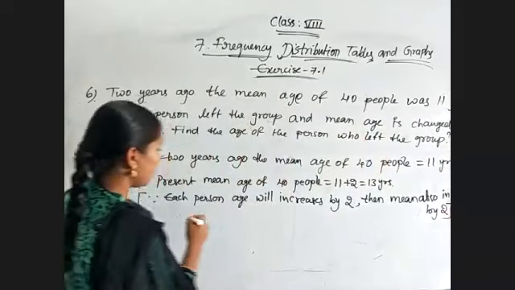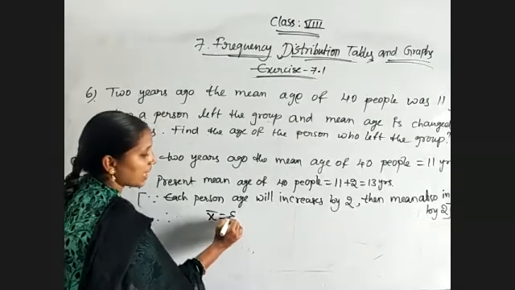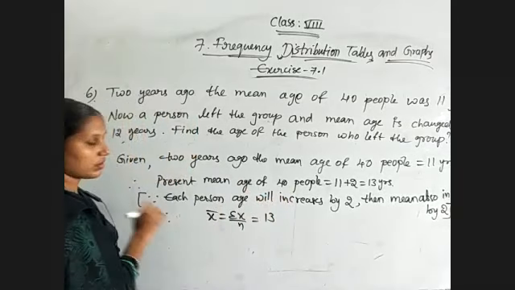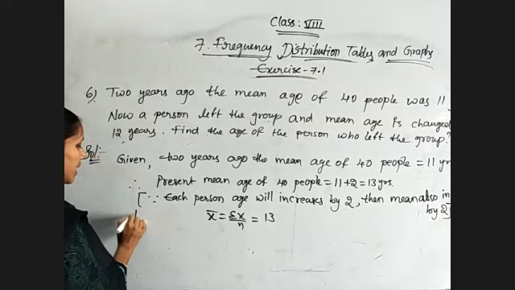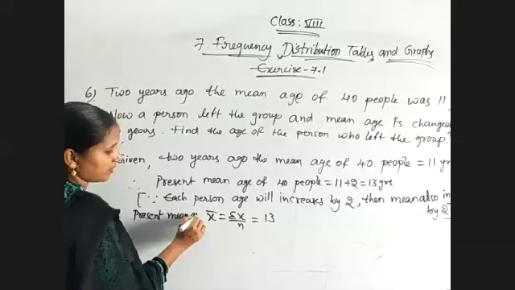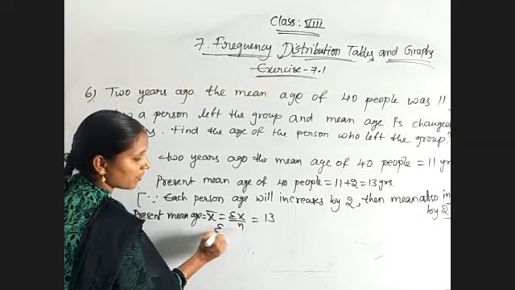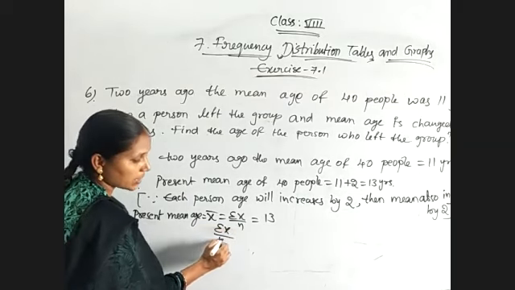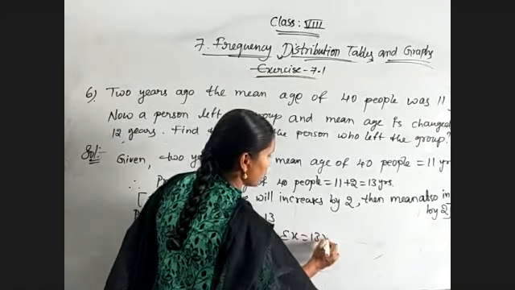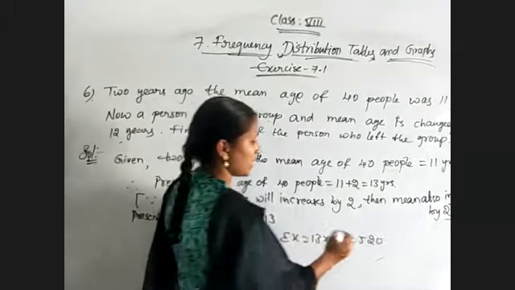Therefore, the mean age is x bar equal to sigma x by n, equal to 13 years, the present mean age of 40 people. Sigma x we don't know, n value is 40, so sigma x is equal to 13 into 40, which is 520. 13 fours are 52, 520, equation 1.